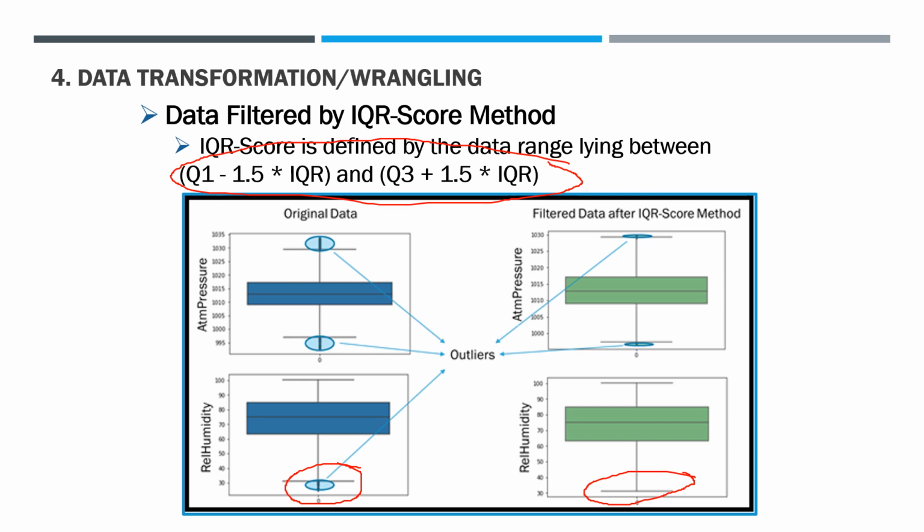There are no outliers present in relative humidity after filtering the data. And also in the atmospheric pressure, the number of outliers remaining after applying the IQR score filter was much lower than after applying the Z-score filter. Therefore, the data filtered by the IQR score method was further used for modeling and evaluation purposes.